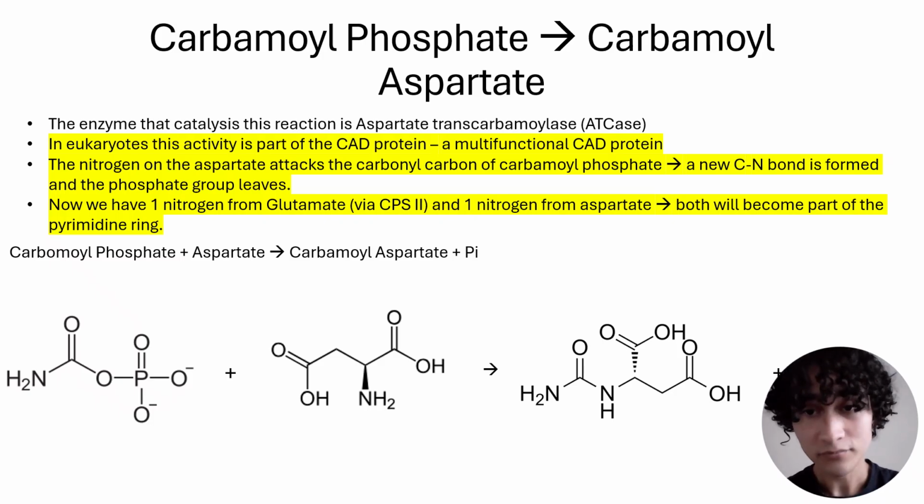So the nitrogen on that aspartate attacks the carbonyl carbon on the carbamoyl phosphate. Okay, and a new C-N bond is formed, and the phosphate group leaves. So we have one nitrogen from glutamine and we have one nitrogen from aspartate, and both of those nitrogens will become a part of this pyrimidine ring that you see. Because remember, these rings are heterocyclic, they have nitrogen and carbon in their structure.